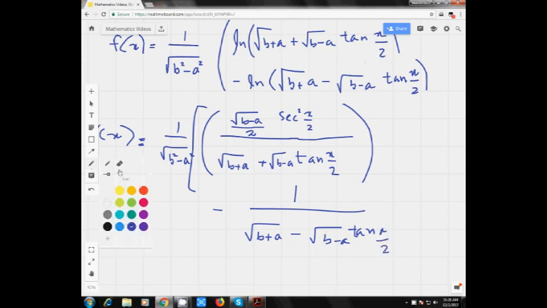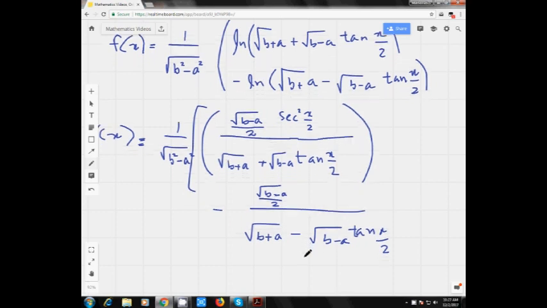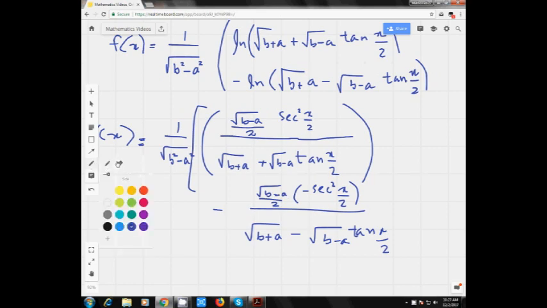You have to do the same thing here, and the derivative of the denominator has to be written at the top in the same way as we did previously, and we would get square root b minus a divided by 2, and here it is minus, therefore you would get minus secant square x by 2 multiplied by 1 by 2, that is written already here. This minus sign and this minus sign become plus, therefore we simply write here the sign of plus.